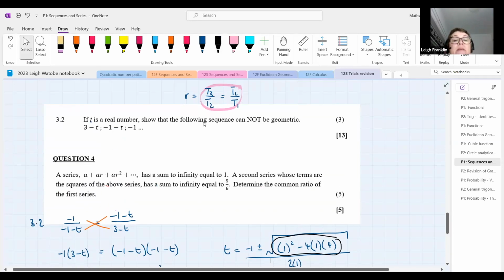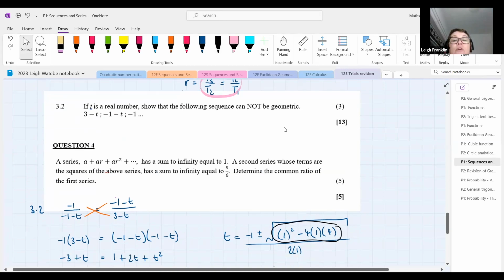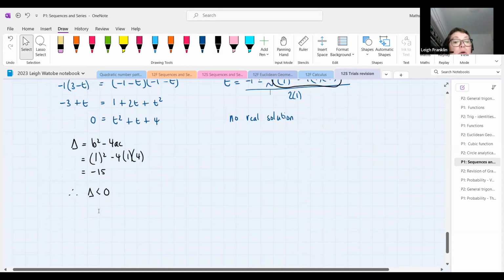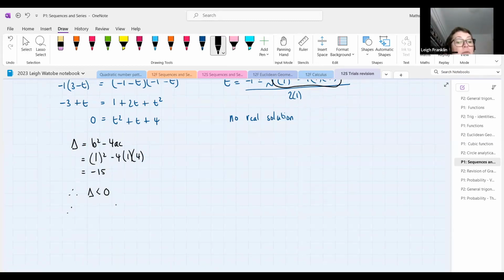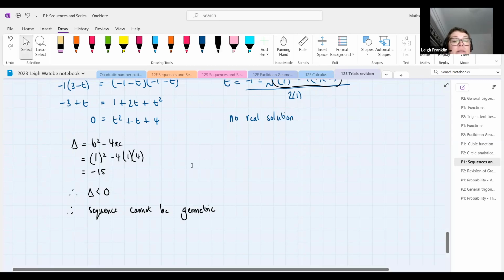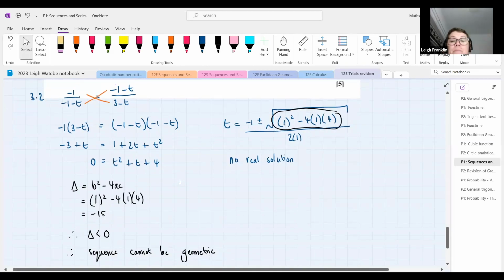So that means that our sequence cannot be geometric. Okay, so because delta was negative, therefore the sequence cannot be geometric. Okay, does that make sense to everybody?